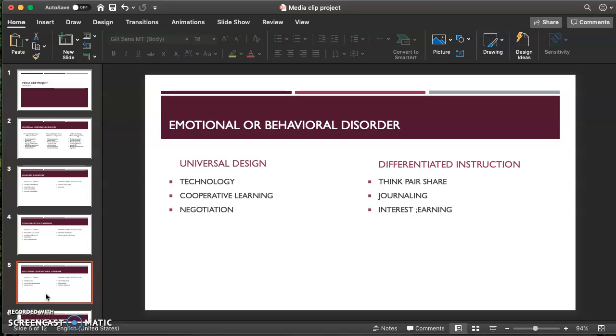Emotional or behavioral disorder, the universal design for that, for someone who has issues maybe controlling their emotions or controlling their behavior, or issues monitoring their performance. Self-monitoring would be good.